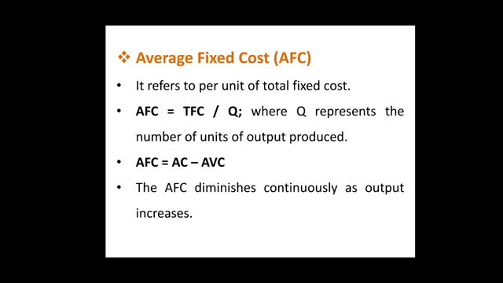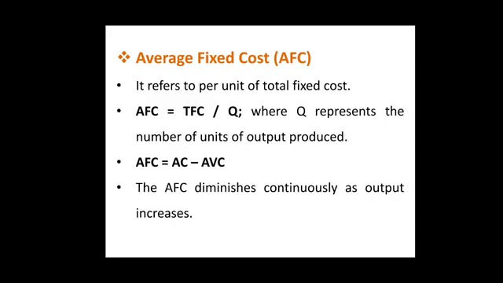Students, the average fixed cost diminishes continuously as output increases. This is natural, as we know average fixed cost is equal to total fixed cost divided by number of units of output produced. Total fixed costs are constant throughout, that is, they do not change with the change in output.